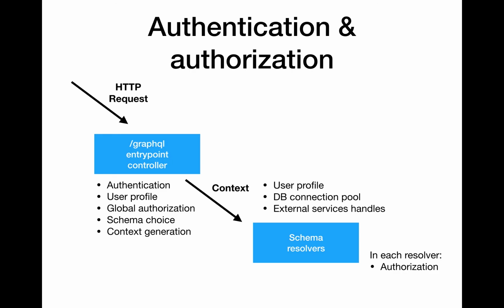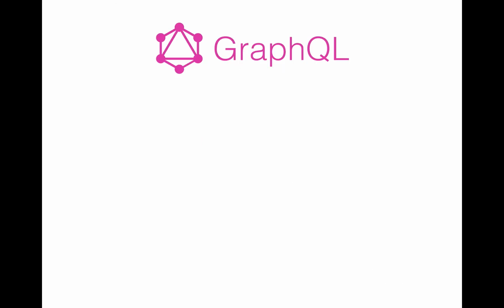And then if the user instead is authorized, then you can actually perform the execution of that attribute resolver. And so this is how you deal with authentication and authorization. You have two different levels, more granular, fine grain, and more coarse granularity.